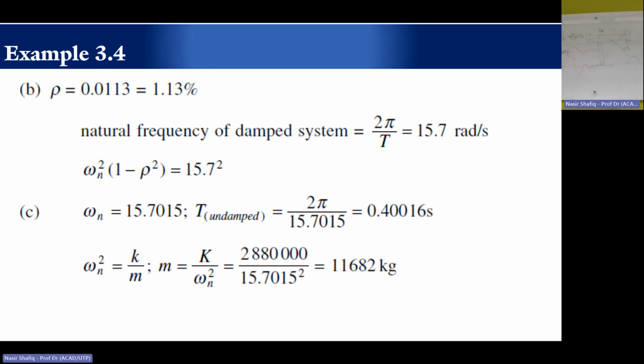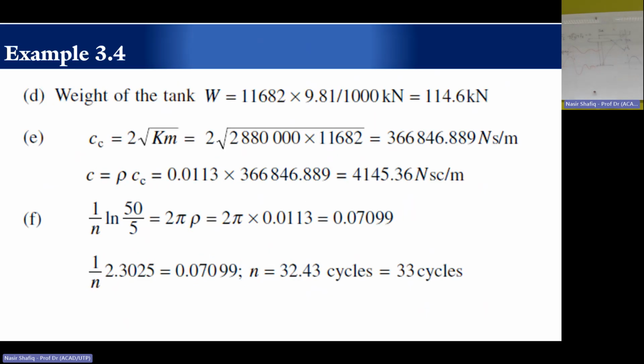From there omega n and k we have calculated, so the mass of the empty tank is 11682 kg. The weight W equals mg, which is 114 kilonewton or 11 ton.